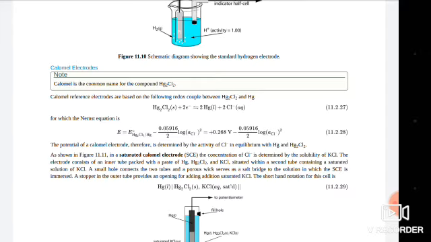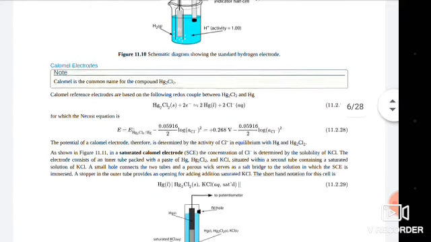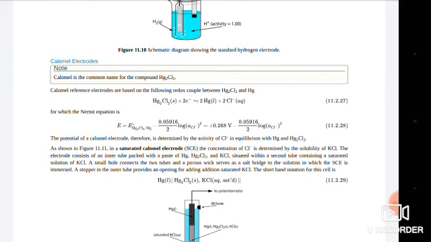So Hg2Cl2 solid plus 2 electrons gives 2Hg liquid plus 2Cl minus aqueous, for which the Nernst equation is E equals E naught of Hg2Cl2/Hg minus 0.05916 divided by 2 log of the activity of Cl minus squared, which equals plus 0.268 volt minus 0.05916 divided by 2, because 2 electrons take part in the reaction, log of the activity of Cl minus squared.